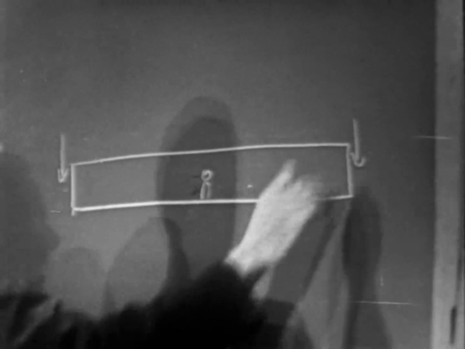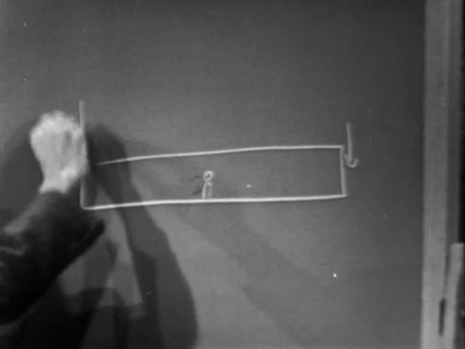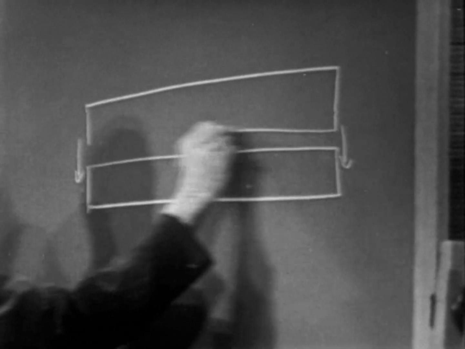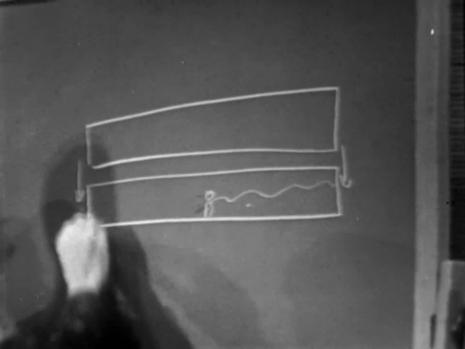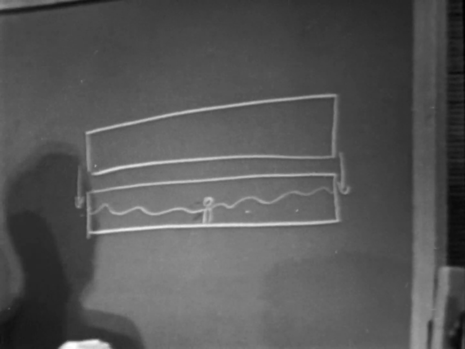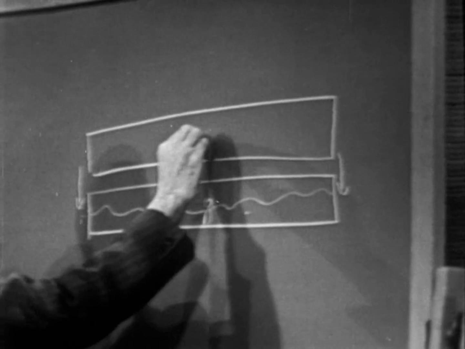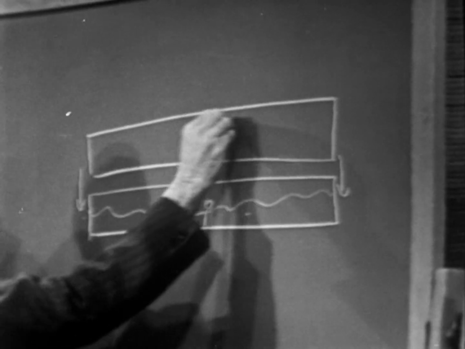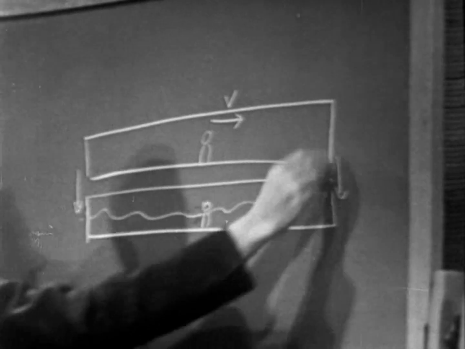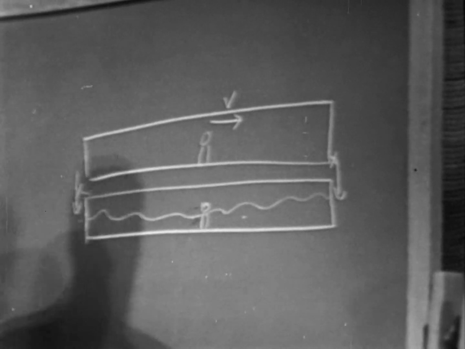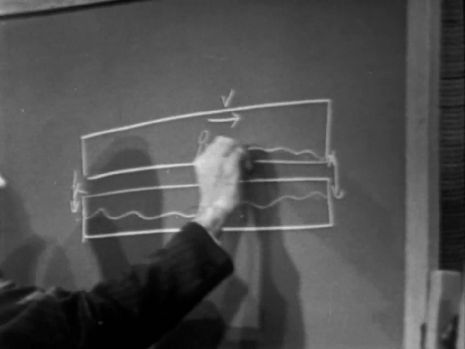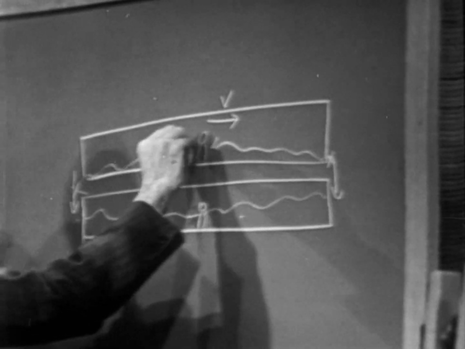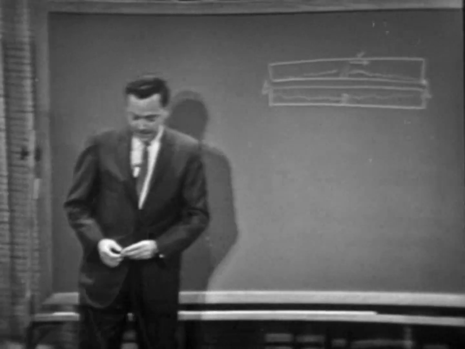A man was standing in the middle of the car, and there was an event that happened at each end of this car at a certain instant which this man claimed was the same time, because standing in the middle of the car, he saw the light from both of these things at the same time. Whereas a man in another car, who happened to be moving this way with a velocity, saw these same two events, not at the same time, but in fact saw the one here first, because the light reached him before the light from here, because he's moving forward.